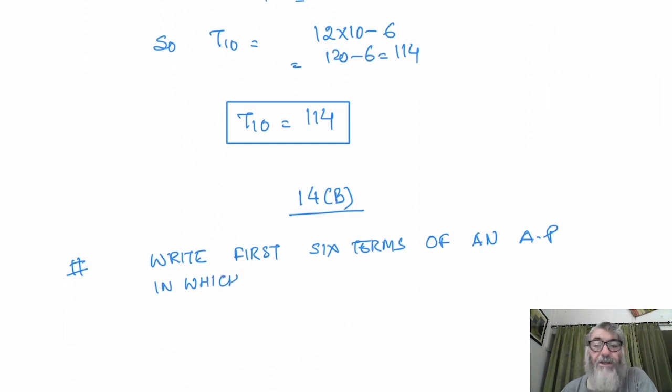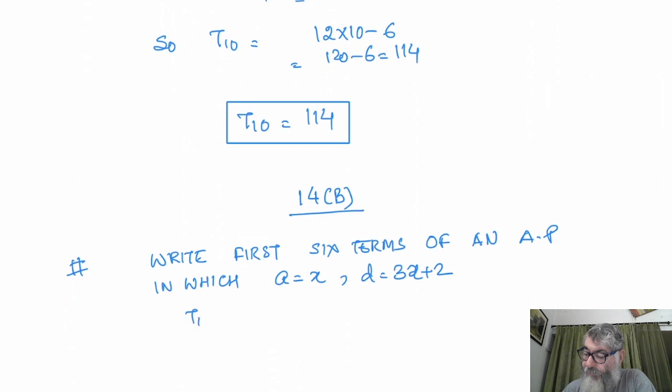A always denotes the first term of the arithmetic progression, and D is 3x plus 2. D is the common difference. We have to calculate the first 6 terms of an AP.